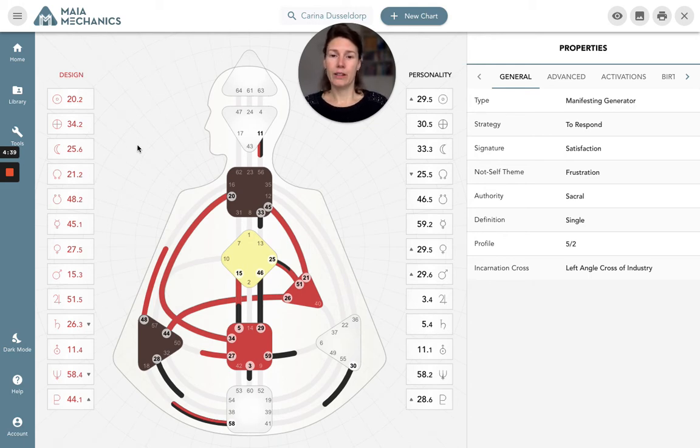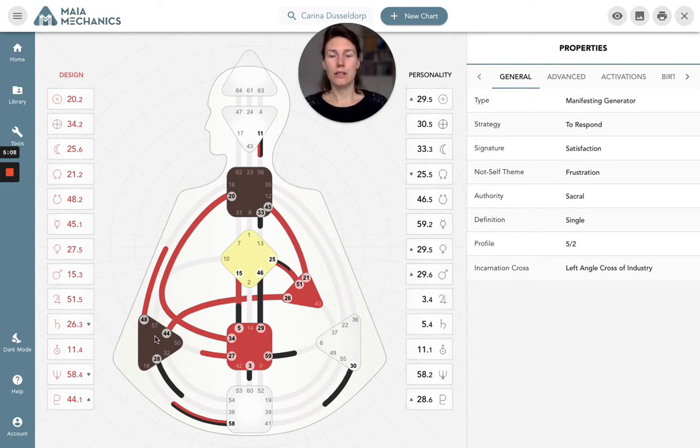When you look at this chart, you see that there's a lot of colors. Some of the centers, so these boxes here, are colored in. It's this one, this yellow one here. So the throat center is this, the G center, the heart center or ego center, the sacral center, and the spleen.